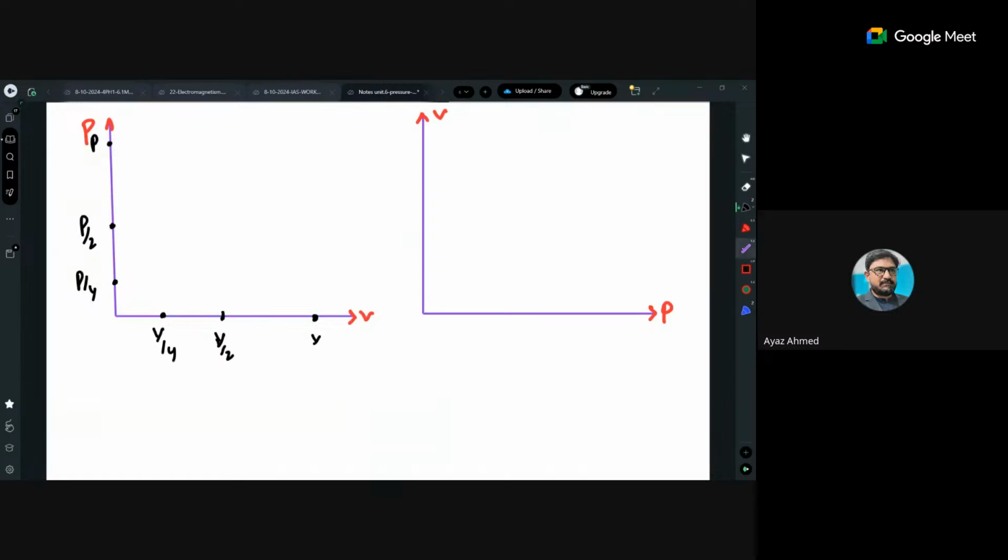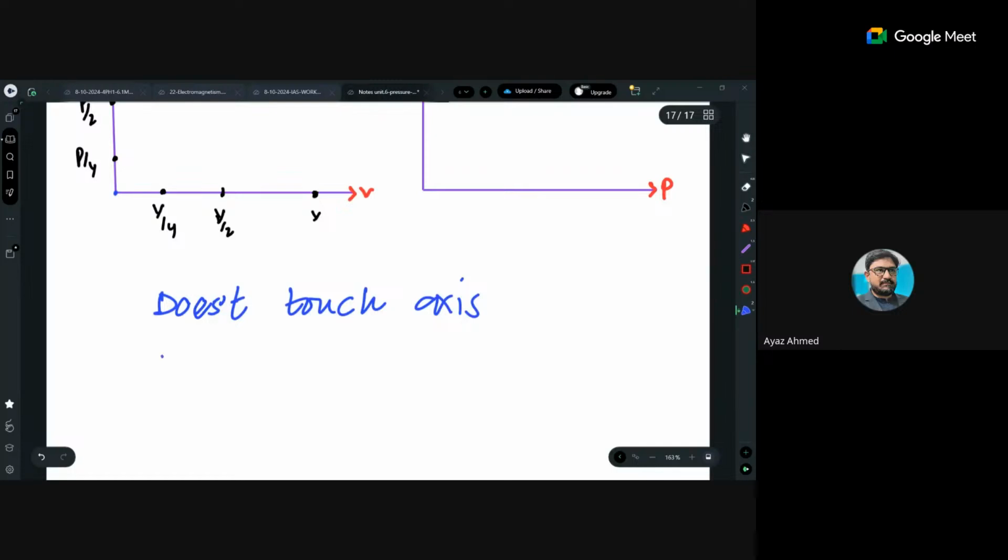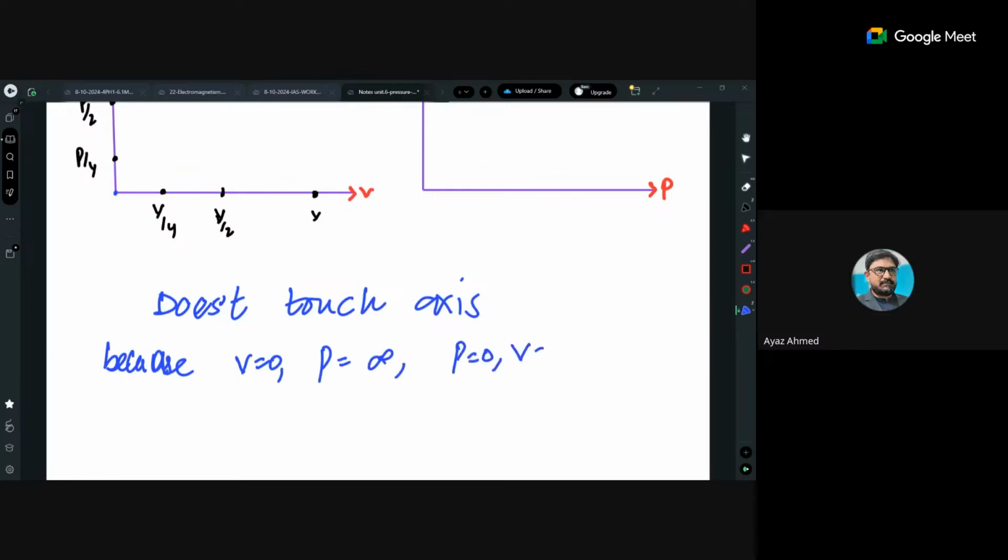The beauty of this graph is that it does not touch the axis. None of the graph touches the axis, because at zero volume, pressure will be infinite, and at zero pressure, volume will be infinite. When V is equal to 0, pressure will be infinity, and when pressure is 0, volume will be infinite.